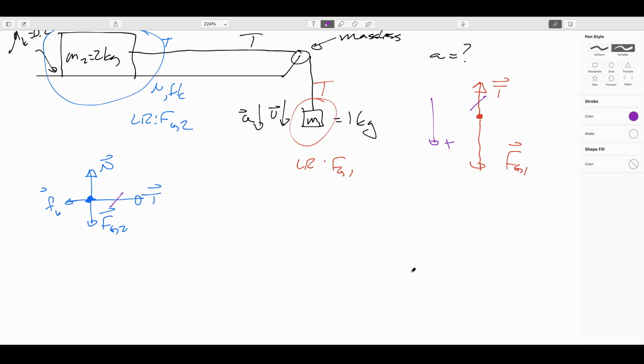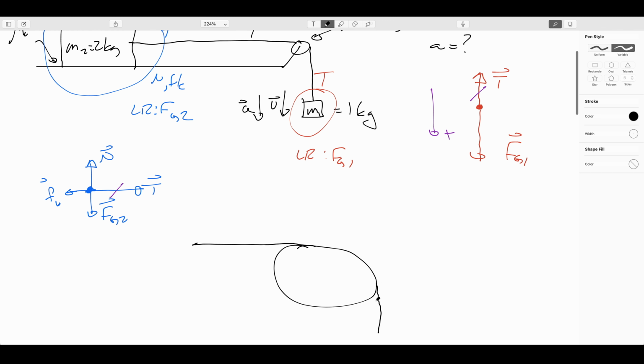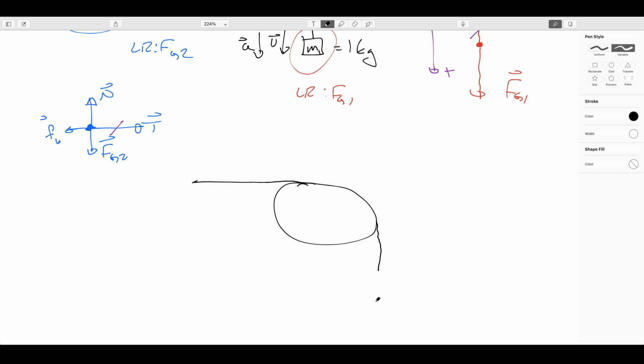And the answer is it relies on the microscopics of what's happening as the string goes around the pulley. So I'm going to draw a super duper magnified pulley with the string going off like that and around. And what I'm going to do is I'm going to draw several molecules on the string as we're going around the pulley, like so.